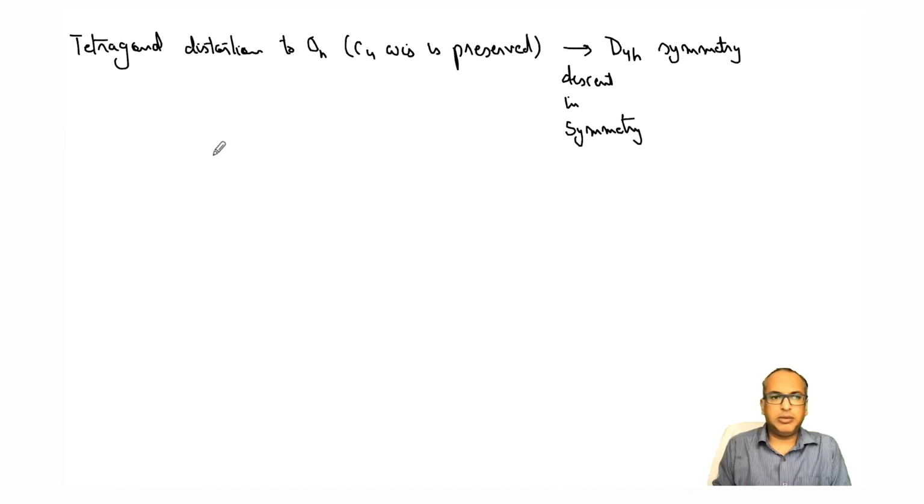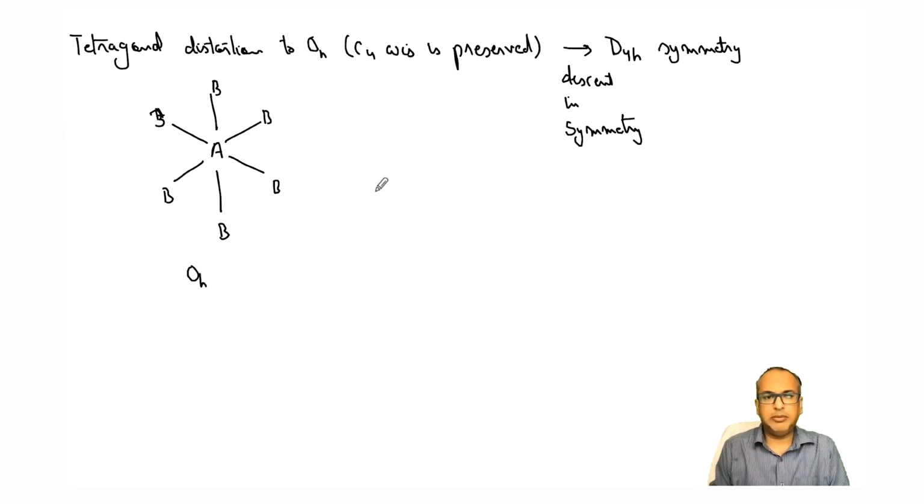So let us see pictorially what I mean. If you have A, let's say B, B. In case of octahedral, all 6 AB bonds are equal.